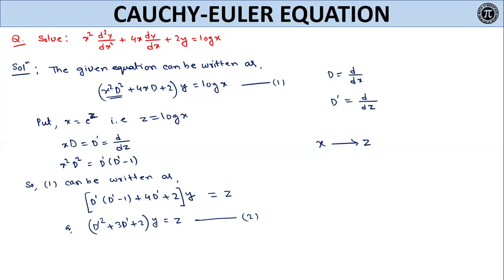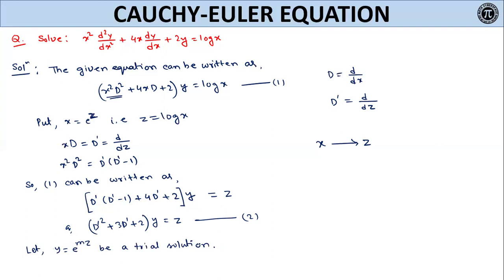Let y equals e to the power mz be a trial solution, because here the independent variable is z.